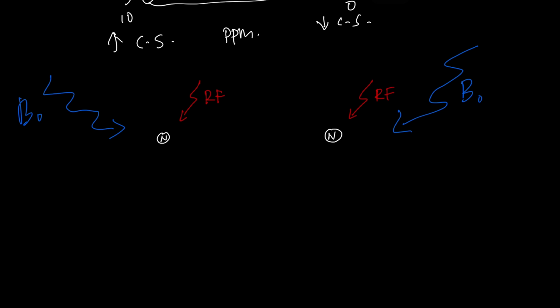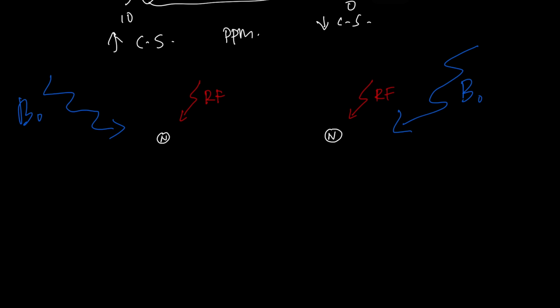And you have to know that in a molecule, the nucleus of an atom is not naked. It is always surrounded by an electron cloud. Now the nucleus that we are mentioning is actually the proton nucleus, the hydrogen nucleus.